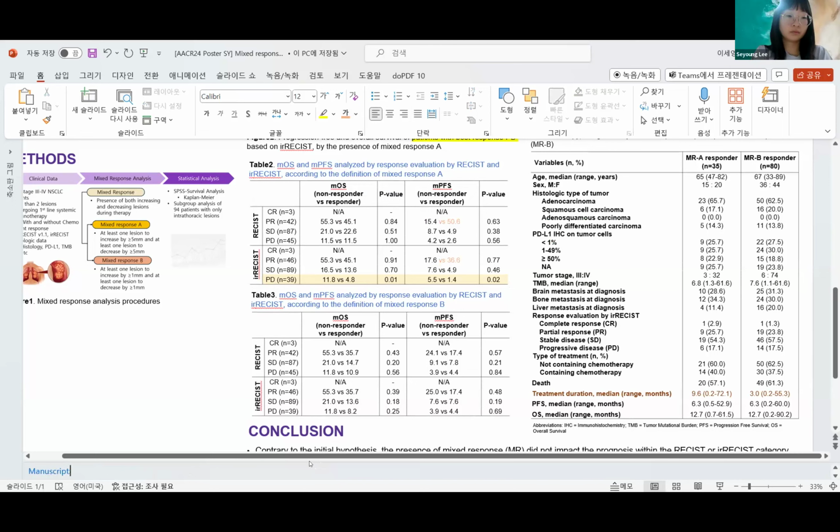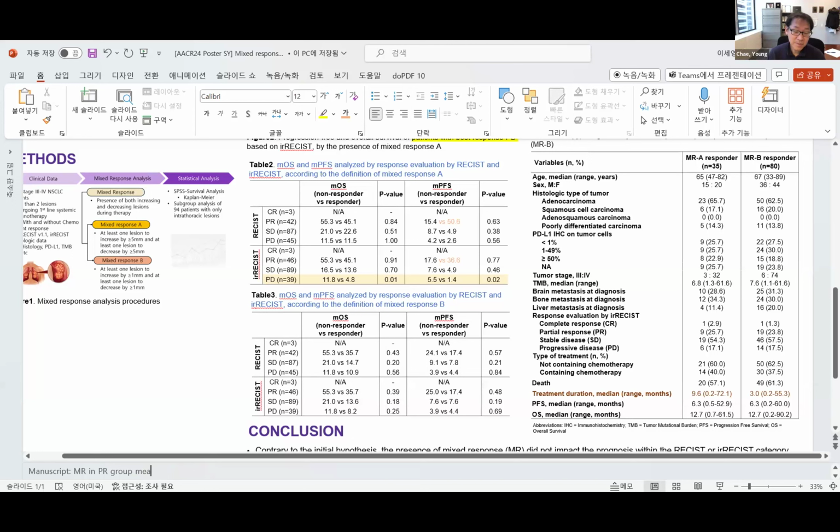So mixed response in PR group means that the sum of the largest diameter was less than 30% or more, which means even if there are some lesions that grew in size, rendering itself to be a mixed response lesion, we think maybe that growth is a pseudo progression where there are many lymphocytes that are being infiltrated around the tumor.